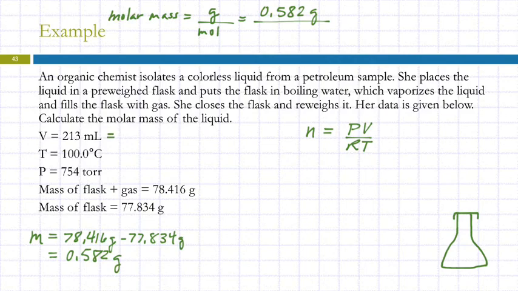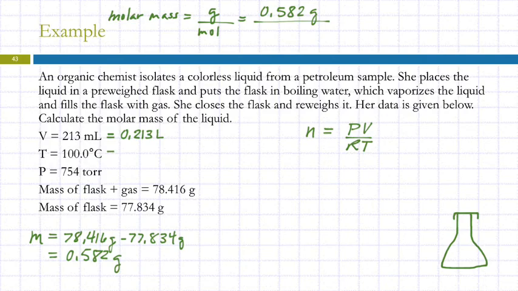Or we can think, well, milli is 10 to the minus 3. It's moving the decimal point 3 places. The question is which direction. Milli is a smaller unit than liters, and so it should have the larger number. If I'm going from a small unit to a large unit, I need to make the number smaller. So it's going to be 0.213 liters.